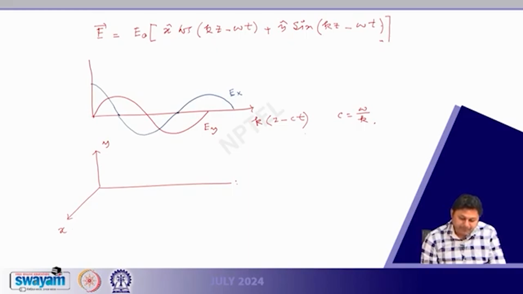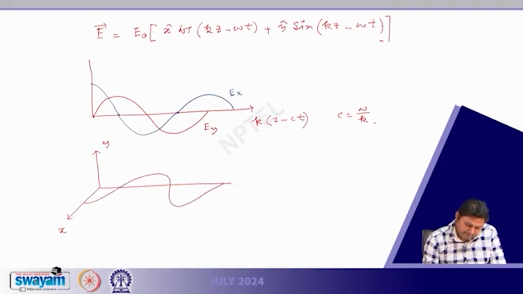So the x component is a cos function, so it goes like this, and y is along y direction it is a sine function, so it goes like this.